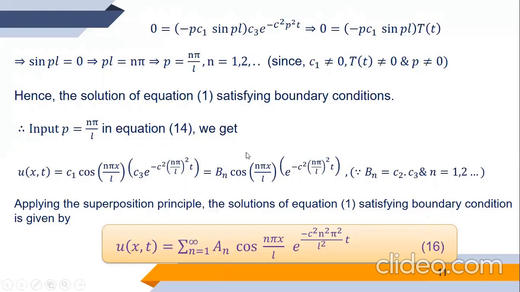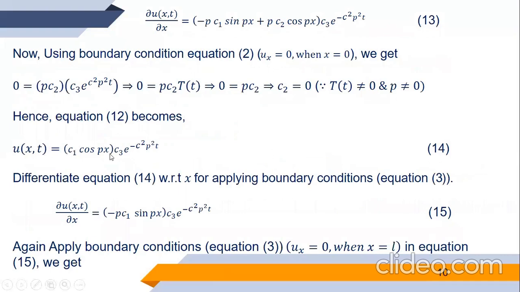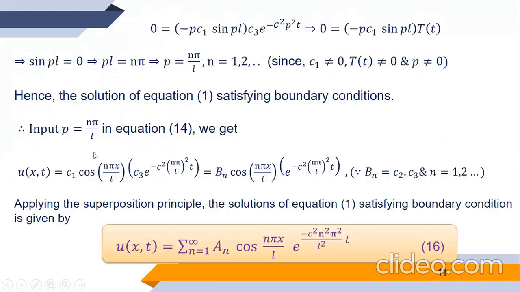So we get u(x,t) is equal to C1 cos n pi by L into x C3 e raised to minus c square n square pi square by L square into t. Now C1 and C3 are constants, we consider Bn. So Bn cos n pi by L into x e raised to minus c square n square pi square by L square into t.